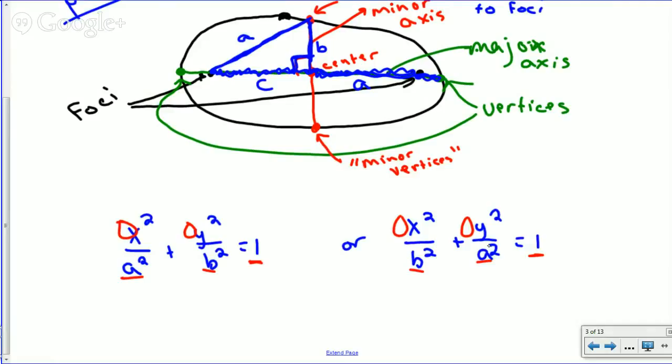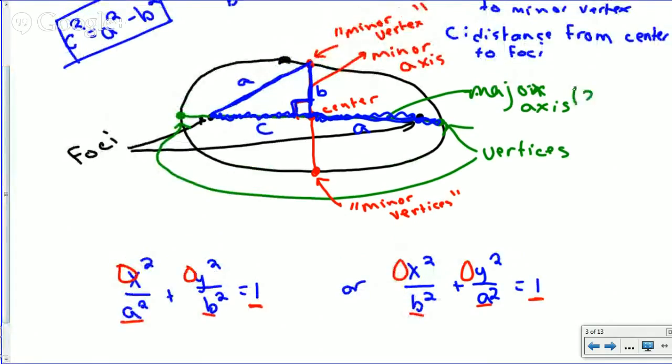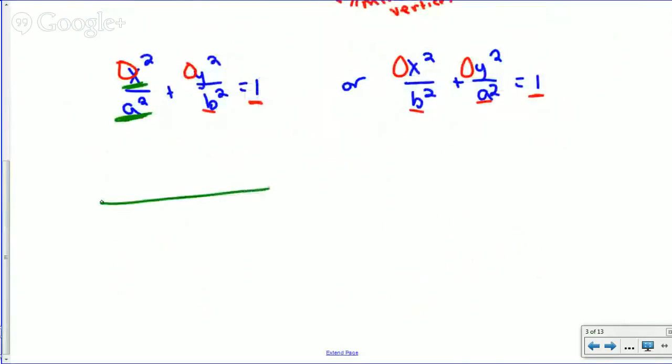Okay, so if we look at this picture up here, we notice that A is bigger than B. The major axis is 2A, and the minor axis is 2B. So A has to be bigger than B. In this case, A is under the x, so that tells me the longer direction is going to be the x-axis.